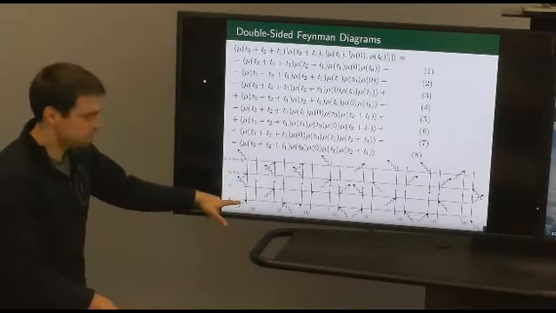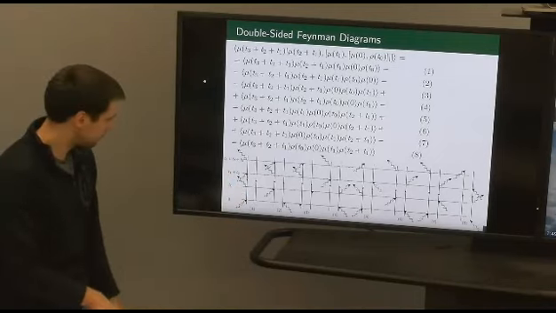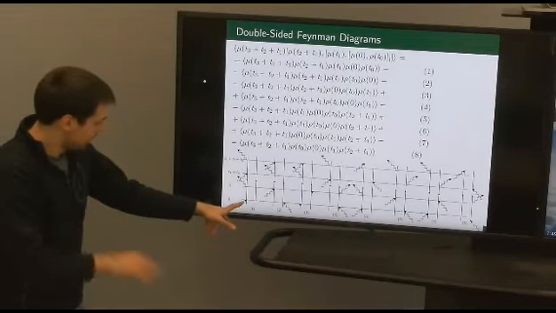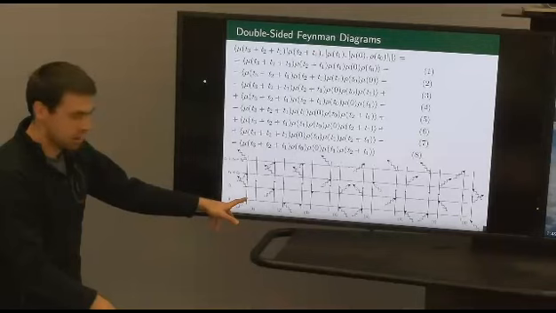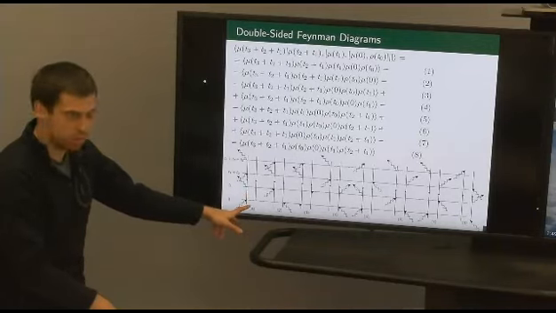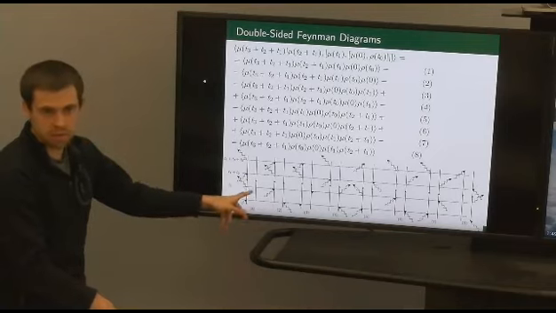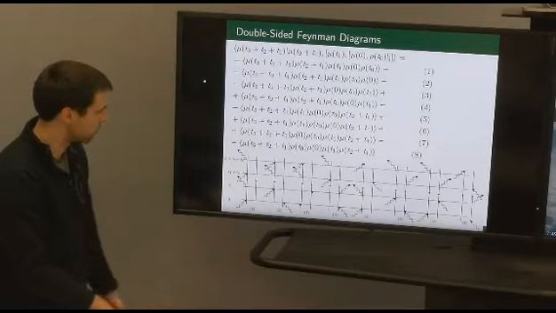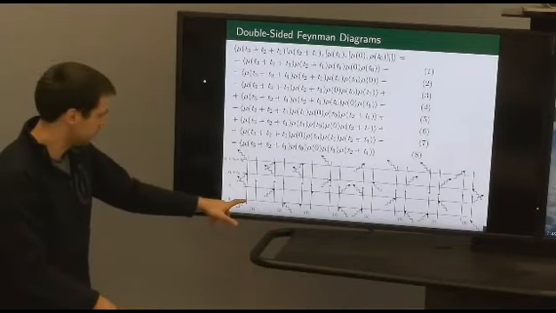At every time you have a perturbation, you have a vertex, after which you have some new momentum, before which you have the initial momentum, and your final momentum is your initial minus the momentum of your perturbation. So you have momentum conservation.